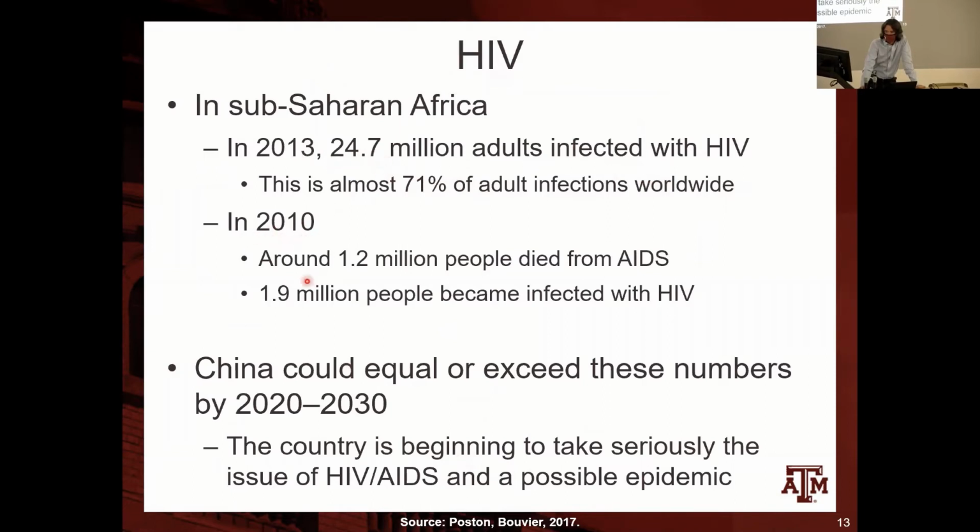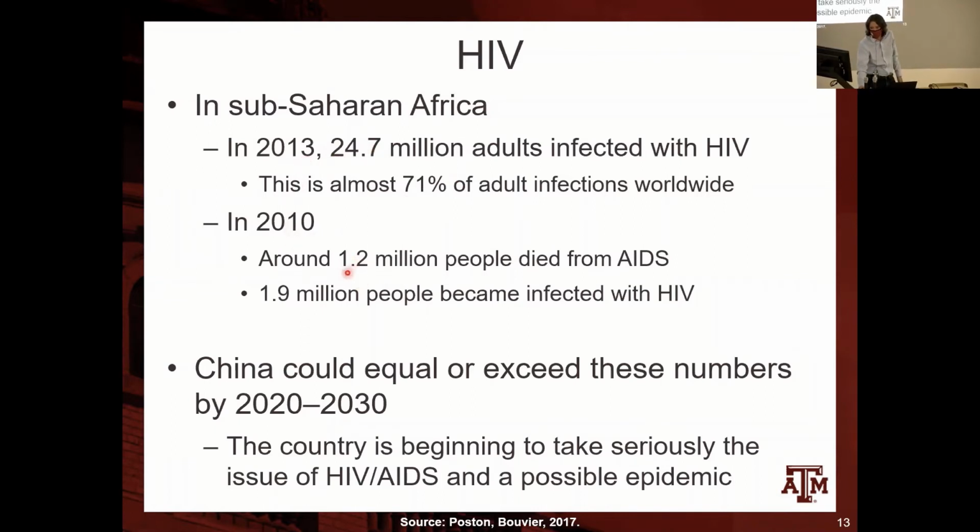In 2010, around 1.2 million people died from AIDS and 1.9 million people became infected with HIV. This data here is kind of the stock, the overall number of people infected with HIV. More than 70% of them were living in sub-Saharan Africa. And this infection here happened in the years from 2013 to years before.